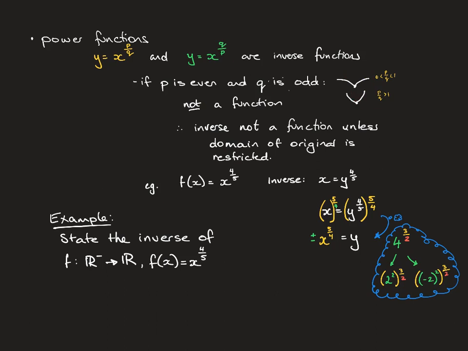And so the difficulty comes with recognizing that when you have at the top an even number, so think of this as being like x squared, then you've got the parabolic shape, and your inverse is going to have two arms.